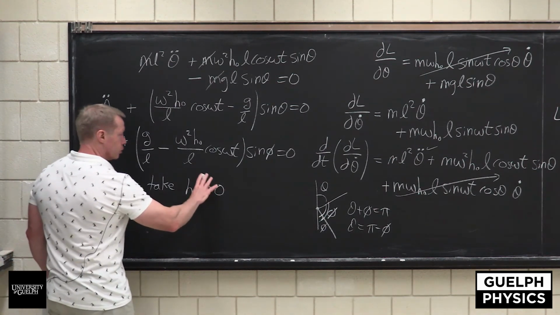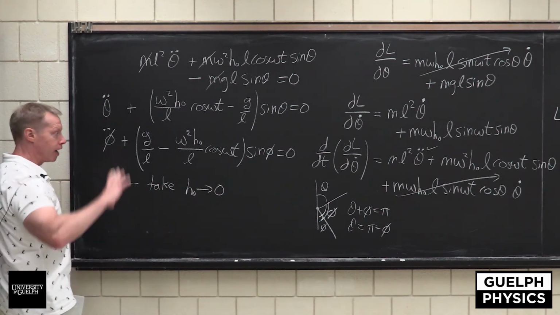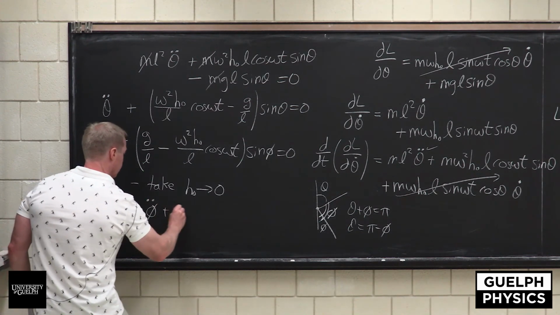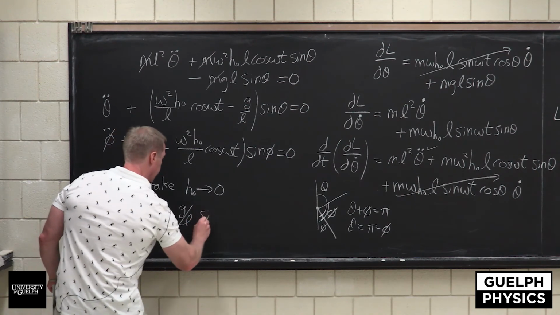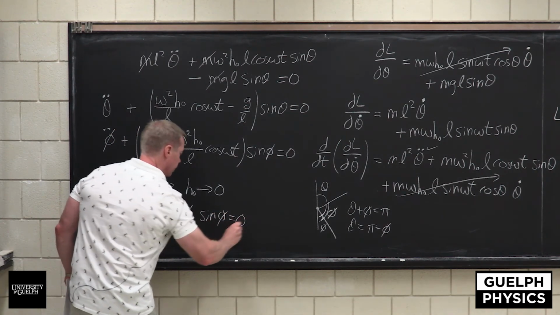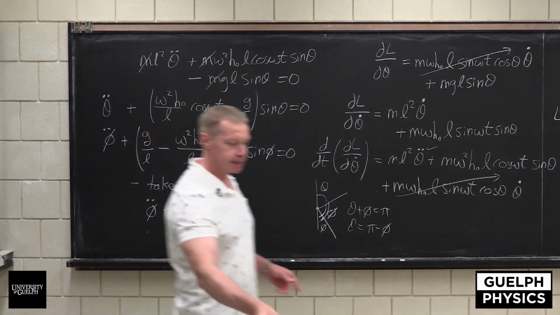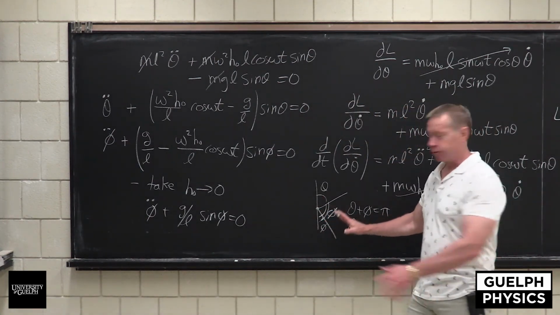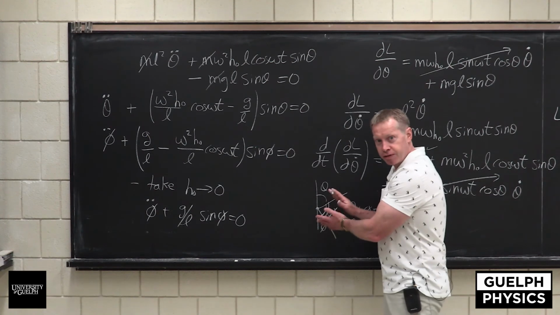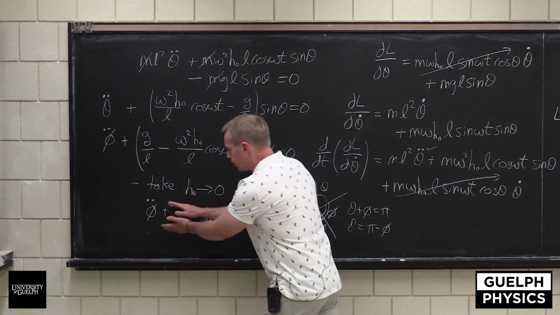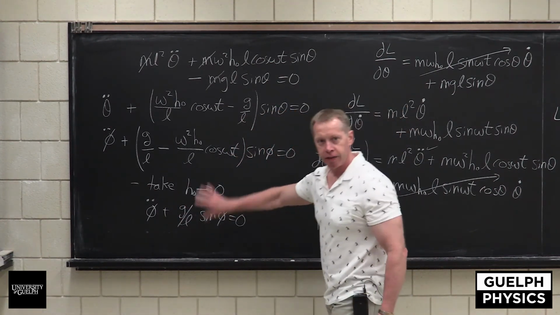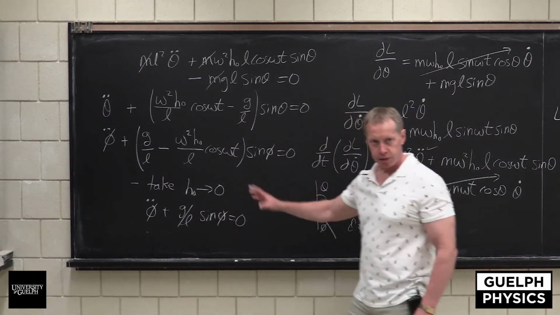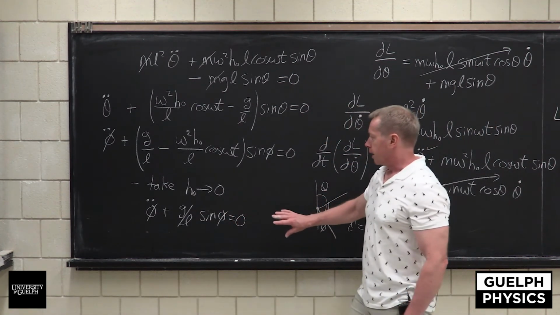So if there's no amplitude on the driving force of this pivot, we would have phi double dot plus g over L sine phi equals 0, which is exactly the expression that you would get for the simple pendulum. That's why I wanted to write it in terms of phi so that we could instantly recognize this. That's the pendulum equation.